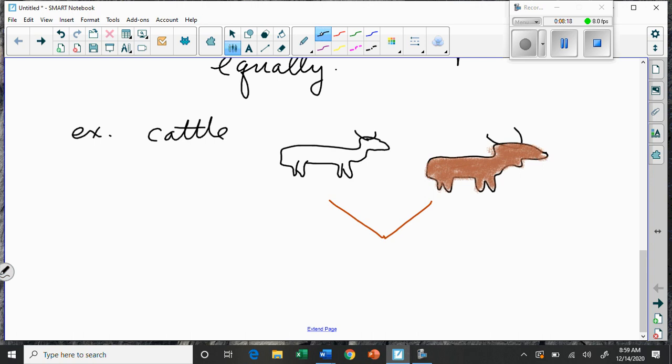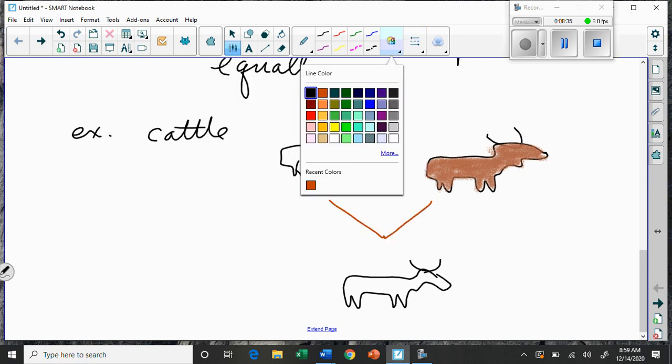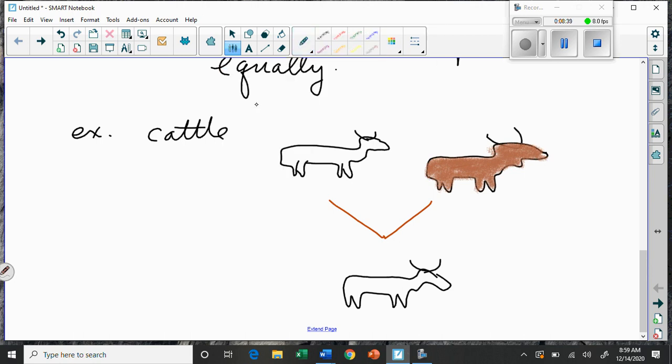Let's go back to black for a second. You get a cow. Here's our cow. And the cow is what we call roan. It's got black and white sort of all over the place, patches of white, patches of black. If I were to try to color this roan, it would be a dark area here, a white area there.